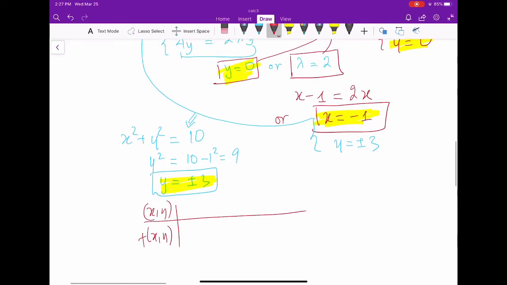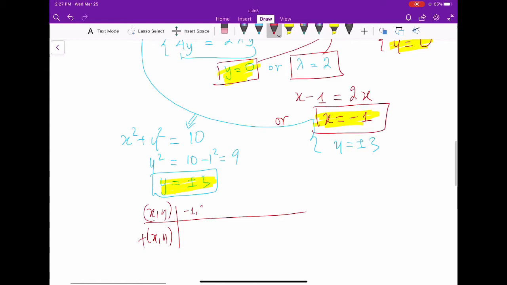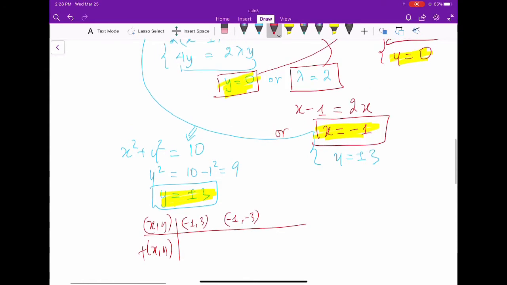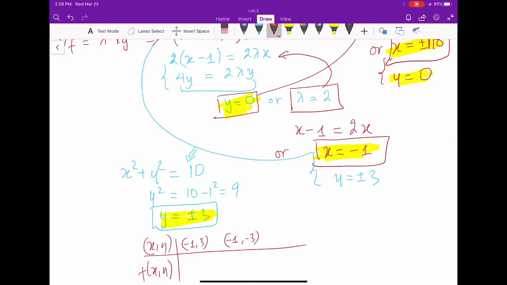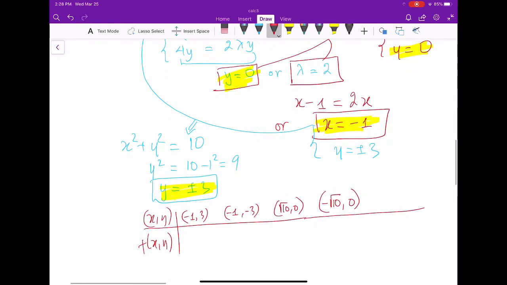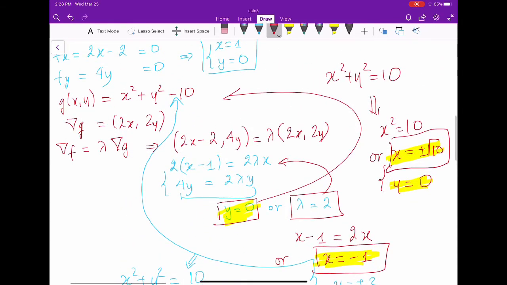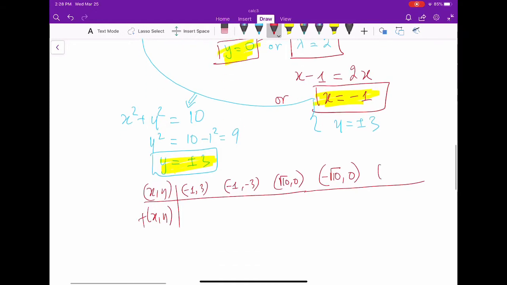The first point is (-1, 3), (-1, -3), and then (square root of 10, 0), and then (negative square root of 10, 0). Those are 4 points, and the only critical point inside is x equal to 1, y equal to 0.